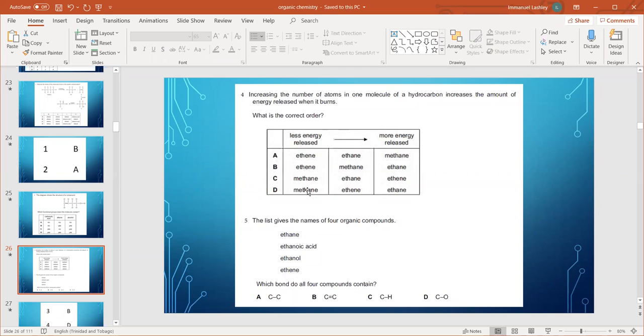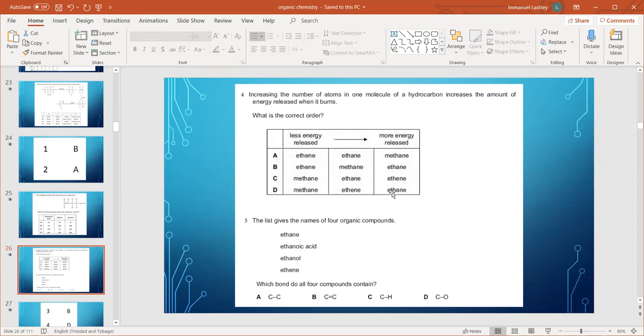Then we're looking to see which one has more hydrogens than the other. So ethene, E-T-H-E-N-E, will have less hydrogens because there's the presence of a double bond, which makes it an alkene. So it will go from methane to ethene, then to ethane.